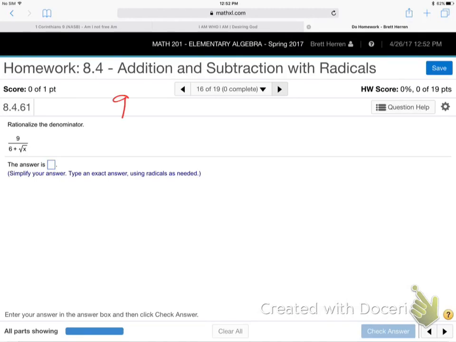So 9 over 6 plus root x. All right, same thing. You see a root in the denominator along with a plus or minus.